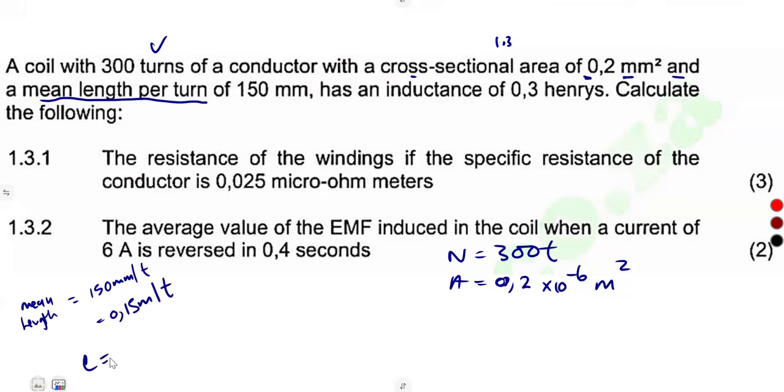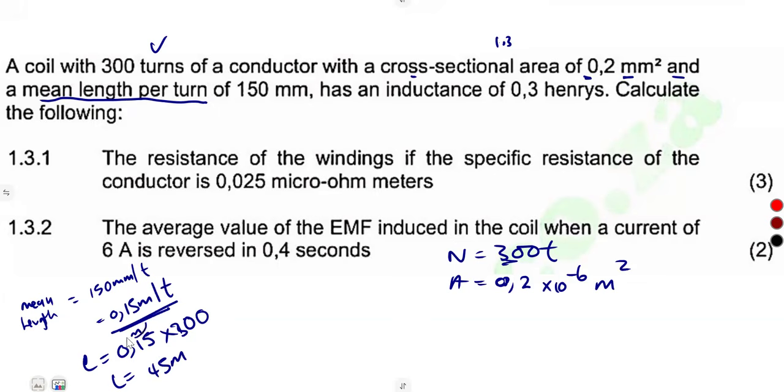So what is our length? Our length is going to be the mean length, 0.15 meters per turn, times the number of turns. How many turns do we have? 300 turns. Do not forget this, guys. They always try by all means to confuse you. So this is going to give us 45 meters.